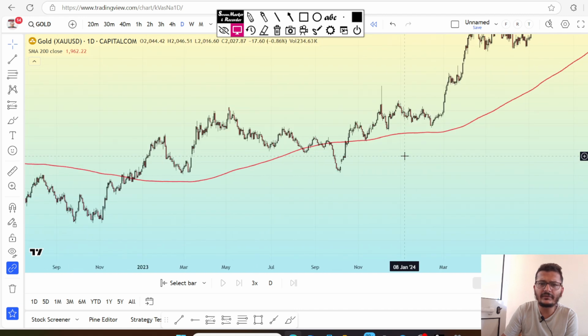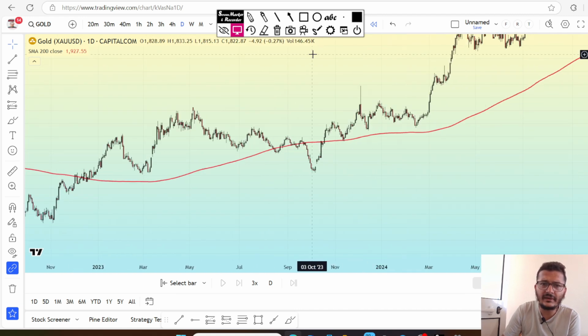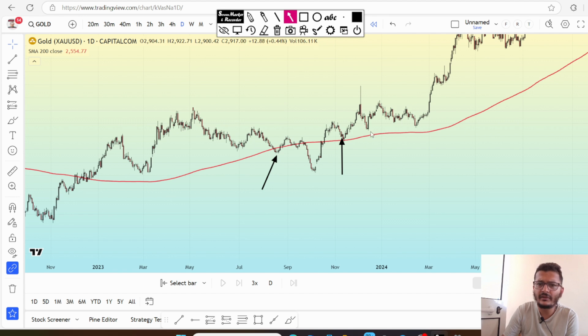And you can see some support levels here. Here is another, it's rising. That means these are support levels, and this is also a kind of support here.